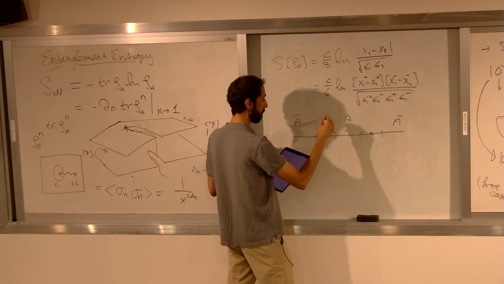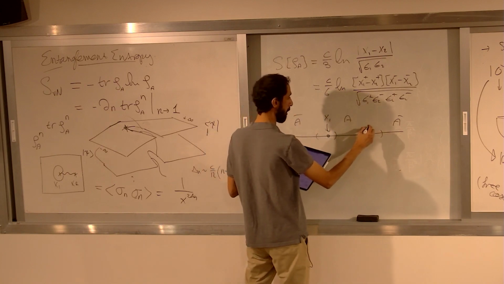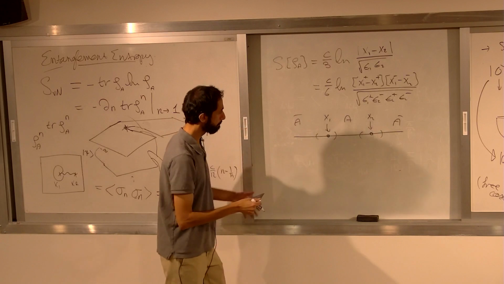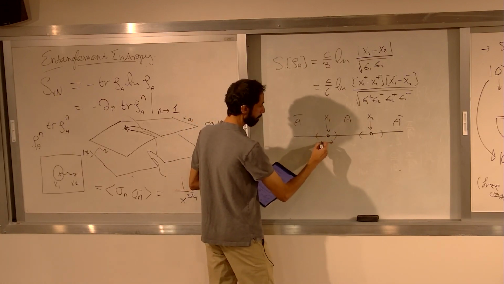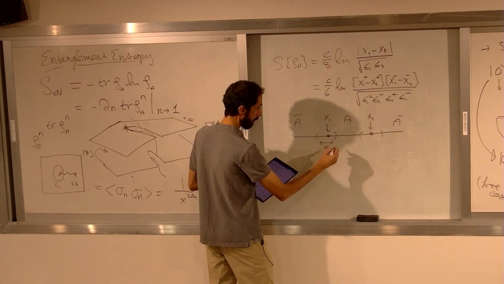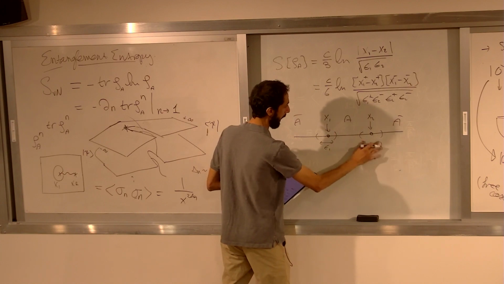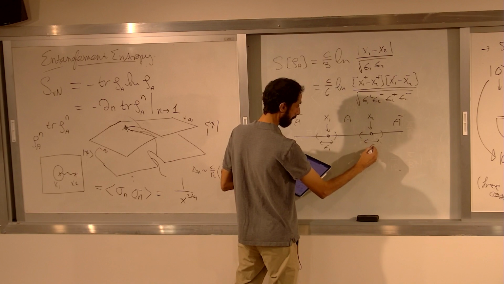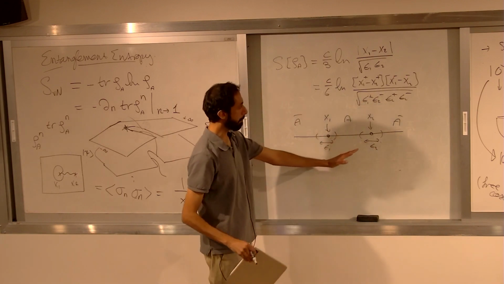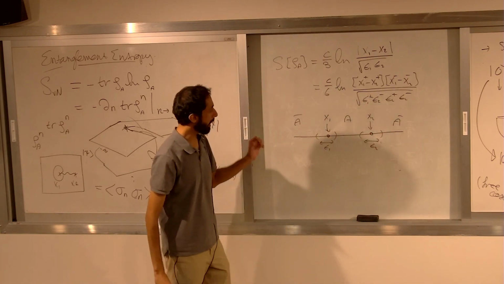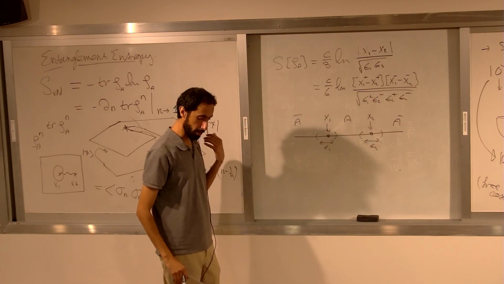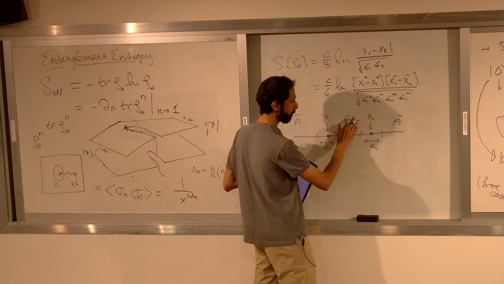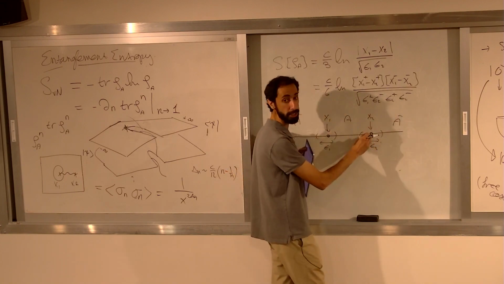Epsilon 1 and epsilon 2 are UV cutoffs that you need to impose at the interface between A and A bar. The reason you do that is because it's a conformal theory, so you have entanglement between A and A bar at all scales.